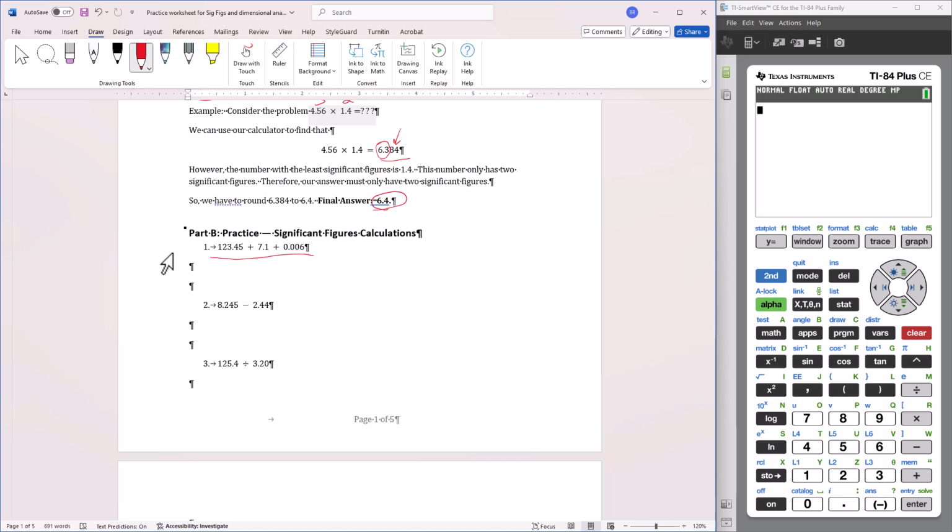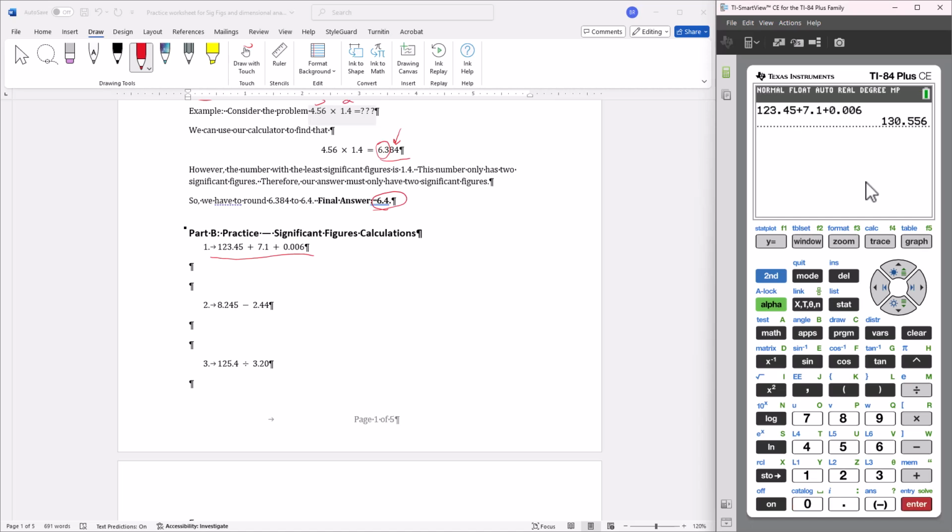Before we do anything, we might want to calculate to see what the answer is. I have my handy dandy calculator here. That is going to be 123.45 plus 7.1 plus 0.006. And that will give me 130.556.